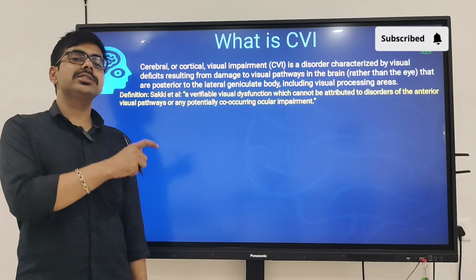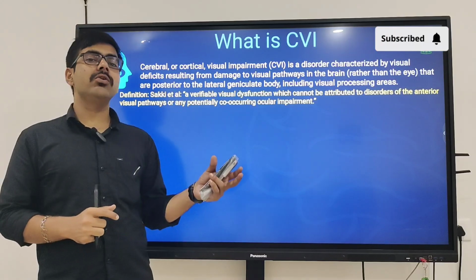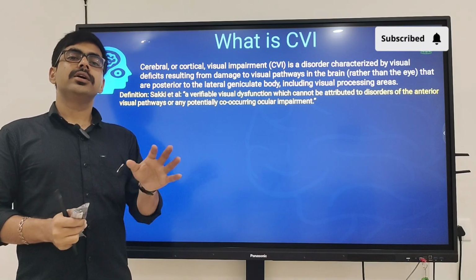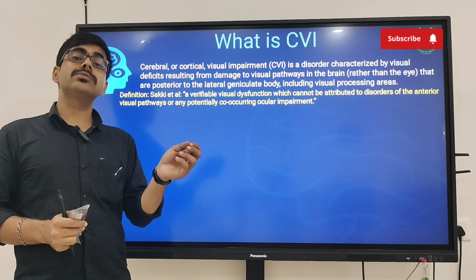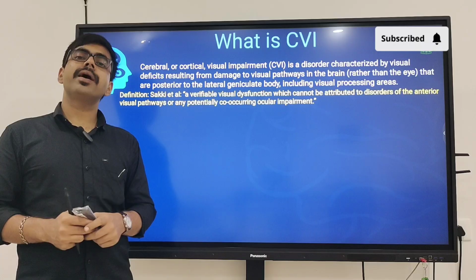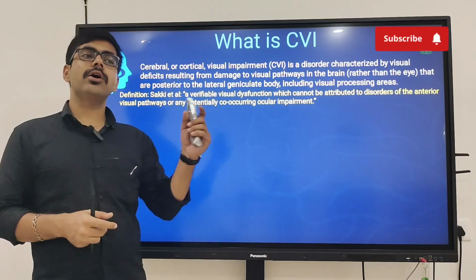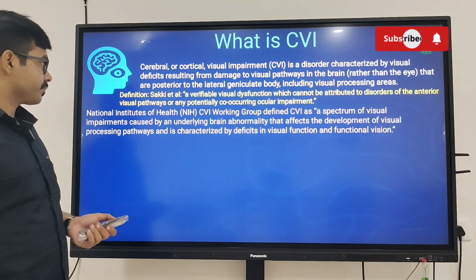But in this case, after seeing your eye and your function, these two will not correlate. Let's suppose there is a cataract, that cataract will cause more severe visual impairment than it is supposed to cause. So there will be no correlation between the ocular pathology and the clinical manifestation.